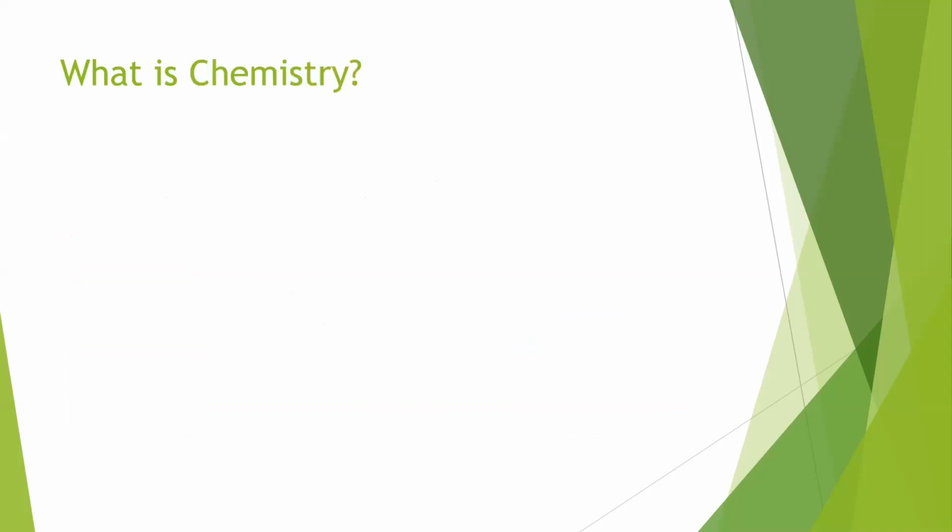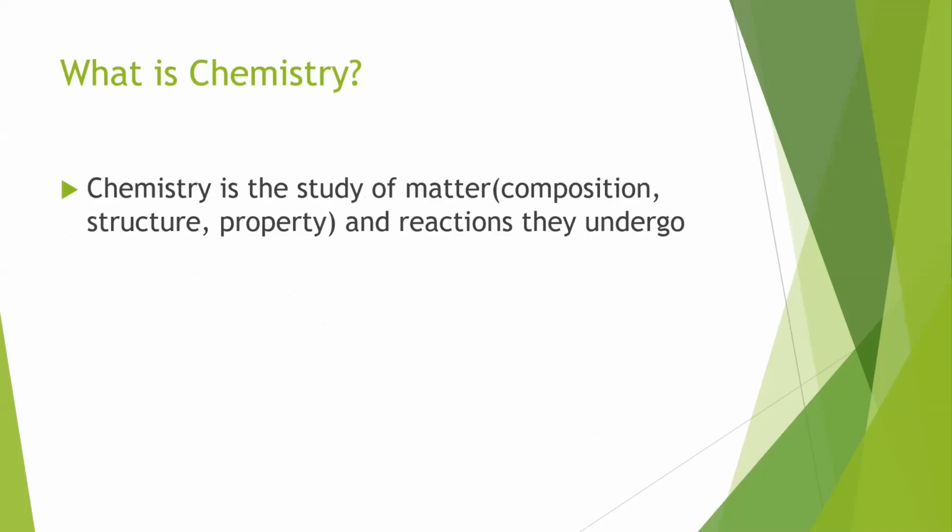Now I'm going to define what chemistry is. Chemistry is the study of matter and the reactions they undergo. The study of matter is where we identify what matter is made out of, what the structure of matter is, what some properties of matter are, and then what reactions the matter undergoes. For example, if we're studying paper, we can study what paper is made out of.